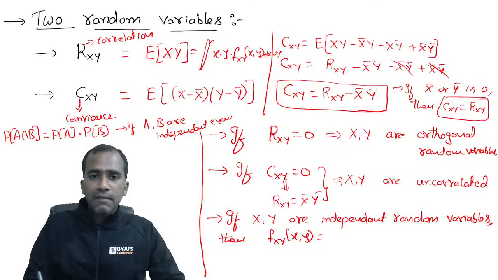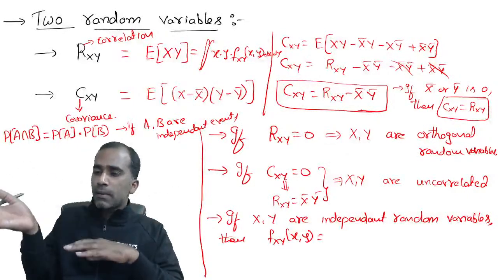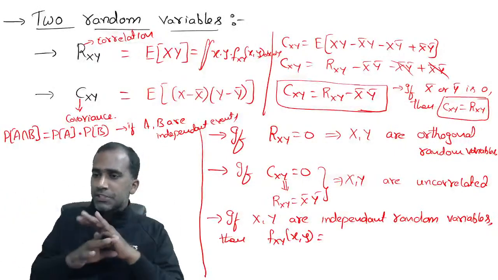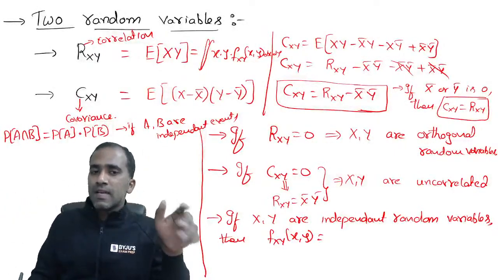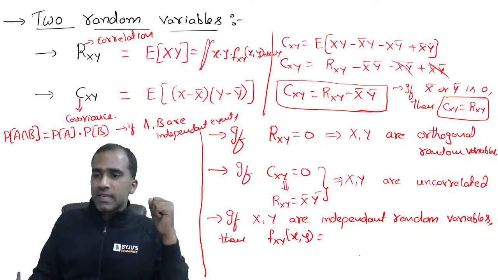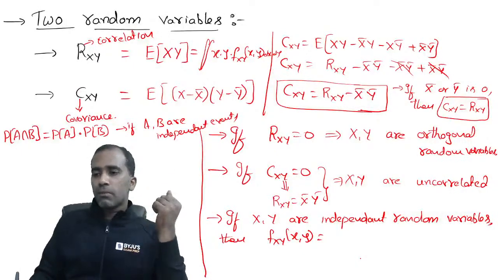What do I mean by independent events? Happening of A is nowhere going to impact happening of B. A and B happening does not impact each other at all. In that scenario, we call them independent. When two events are independent, their joint probability is equal to the multiplication of individual probabilities.